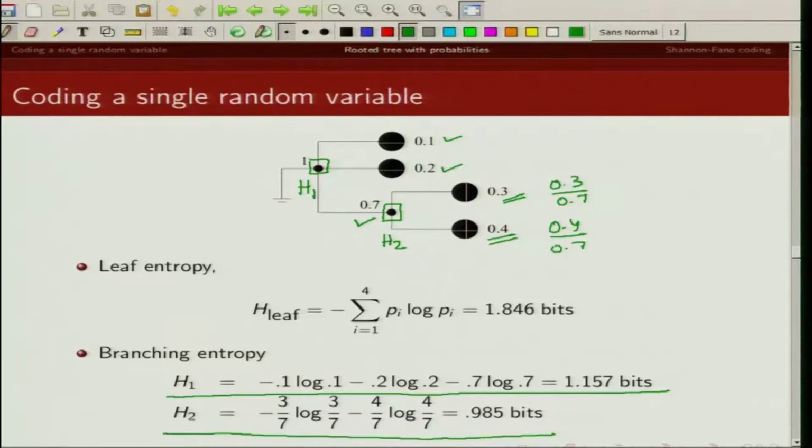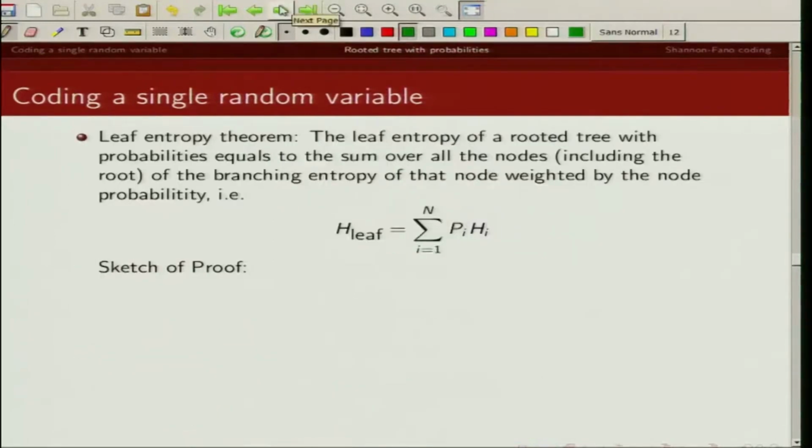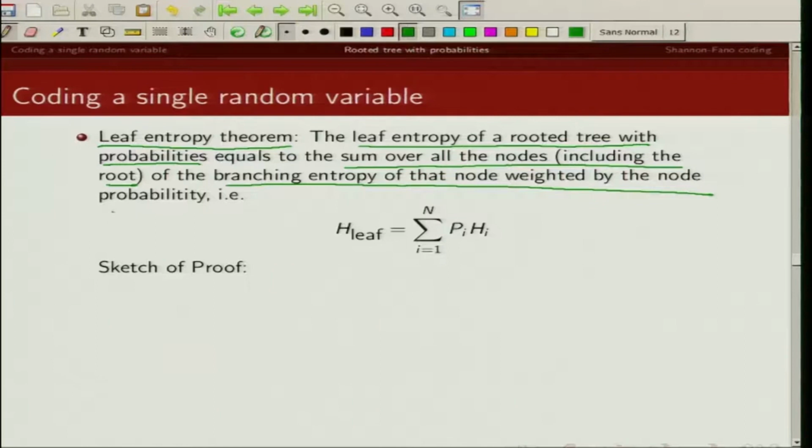Okay. Now once we have defined leaf entropy and branching entropy, let's prove a theorem which we call the leaf entropy theorem. The leaf entropy theorem says that the leaf entropy of a rooted tree with probability is equal to the sum over all nodes, including the root node, of the branching entropy of that node weighted by the node probability.